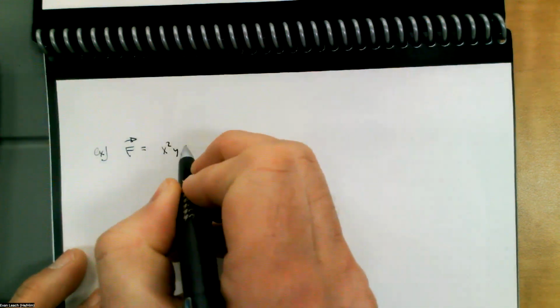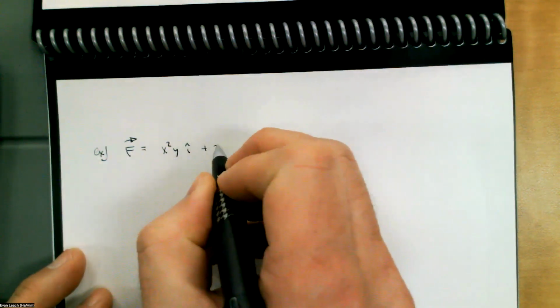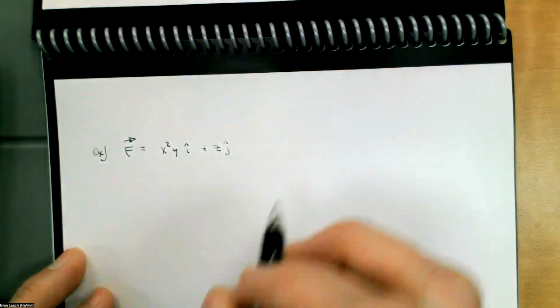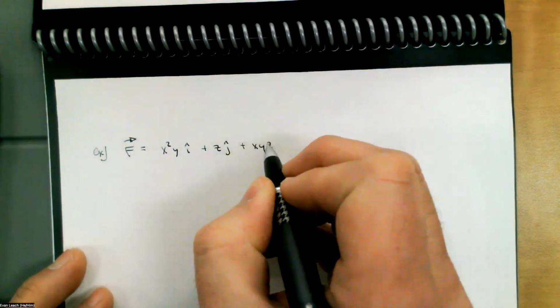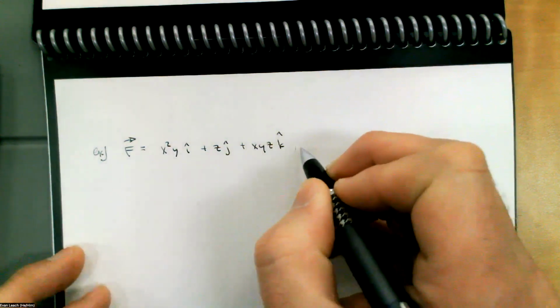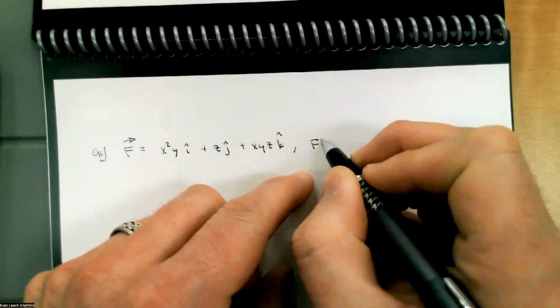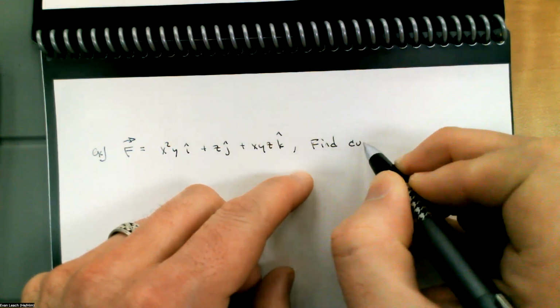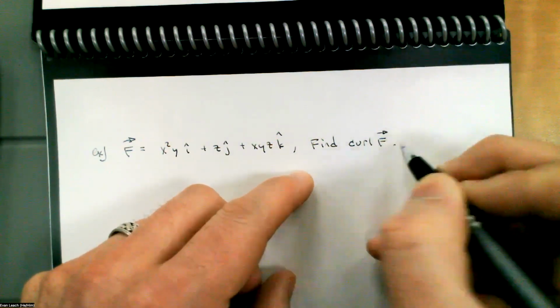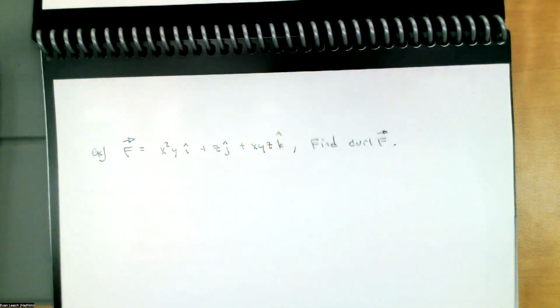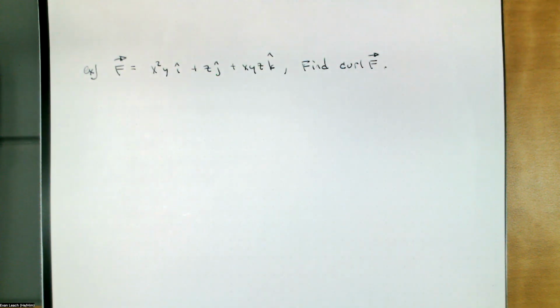I don't think this will be too much of a disaster. We'll just go with x squared y i plus zj plus xyz k. And let's find the curl of F. So we're going to need to put together all these partial derivatives.